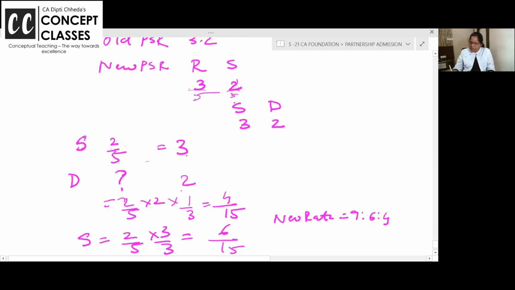See, some students do like this: 3 into 3, ma'am, 9. 3 into 2, 6. And then 2 into... some people do it like this, but I didn't understand it. We will cross multiply. First you write, and if you want, I will re-explain again. I am waiting. Write, and if you have written, try to understand it.